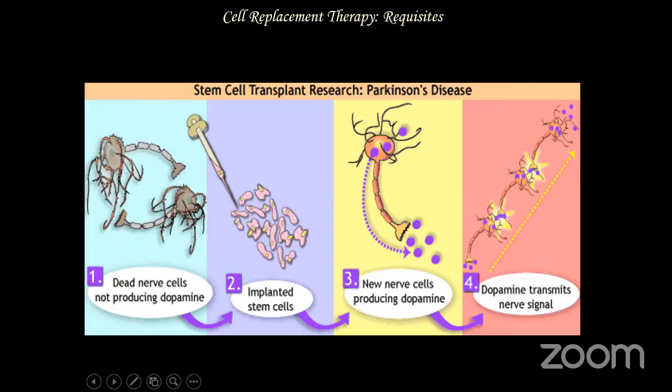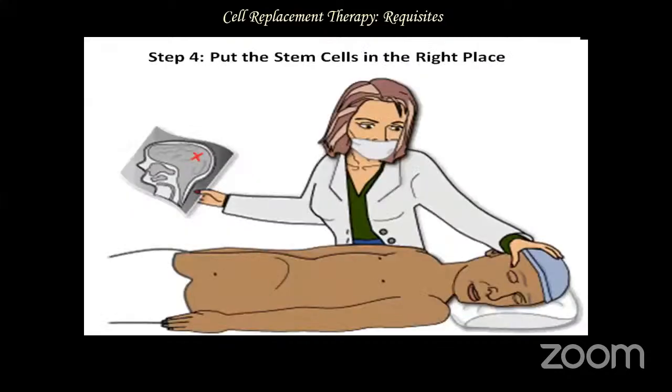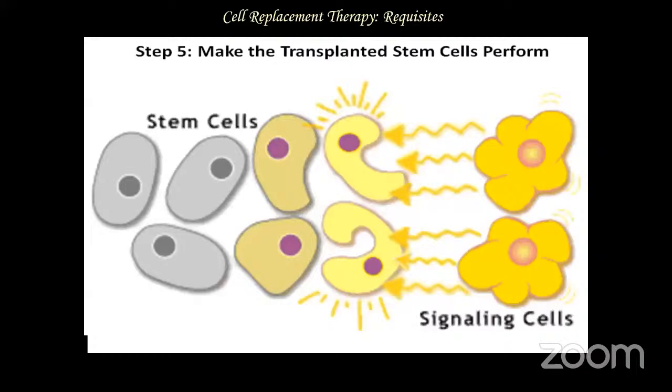So the cartoon shows which stem cells you have to determine, what stem cells you have to take for implantation, then match with the patient, give back at the right place so it functions normally and integrates. That is what cell replacement therapy means. It should function as the endogenous cells that usually function in our body.